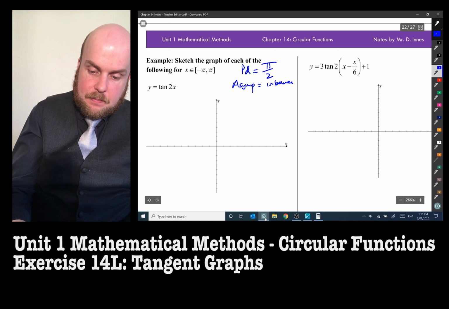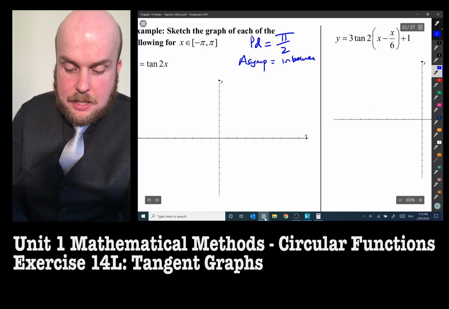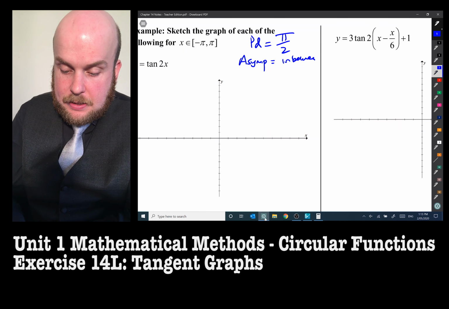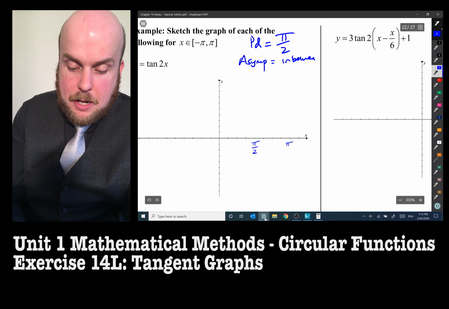So we want to draw it from pi to -pi, so let's make that pi on 2, make this one, yeah, so that will become pi. The asymptotes, there'll be one at pi on 4, there'll be one at 3 pi on 4.